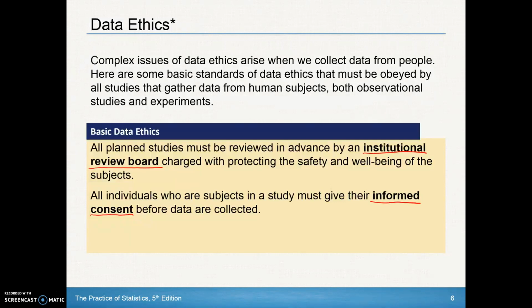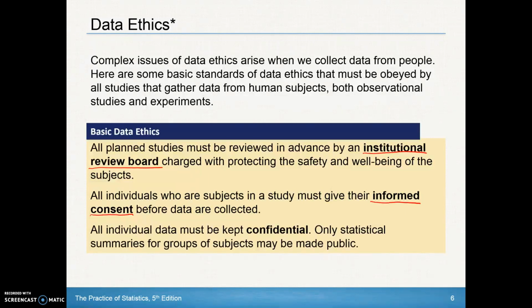But there's ways to not tell them what you're doing, but still protect them, that they're going to be part of an experiment. They may not necessarily know, but that you're guaranteeing them that they're not going to be harmed. So you would be asking for their informed consent, asking for basically a waiver before you collect any data.